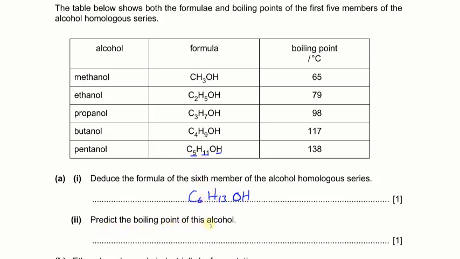We can predict the boiling point of this alcohol. It would be an increasing trend. There is an increase of almost 20, so the next should be like 158, I think. So predict. There is always a big range in which you can predict.